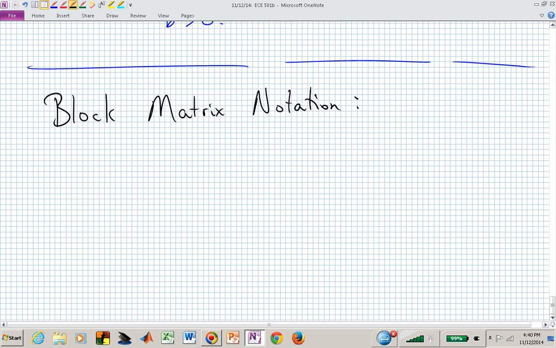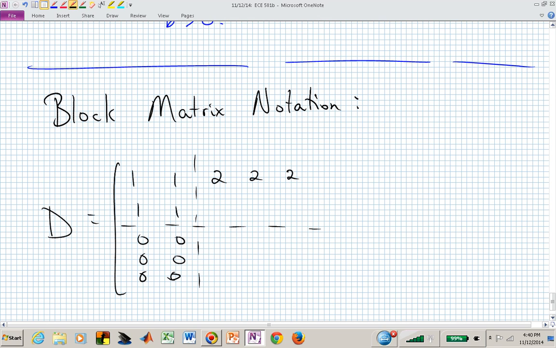By that, I mean we could define a matrix D that let's say is 1, 1, 1, 1, 0, 0, 0, 0, 0, 0. And I'm just using the same values for my elements just because I'm boring. But here, let's say this is now 2, 2, 2, and 2, 2, 2.